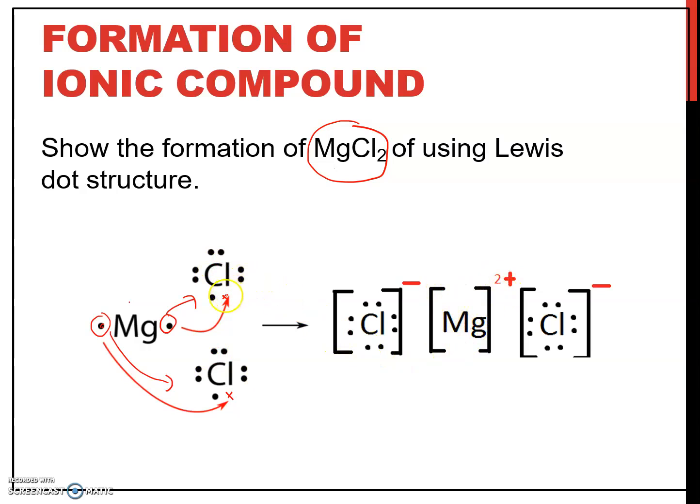And with the addition of one electron for each atom chlorine, it will form an ion, chlorine minus 1. Each atom chlorine has gained one valence electron from magnesium. So ionic compound involves electron transfer from metal to non-metal.